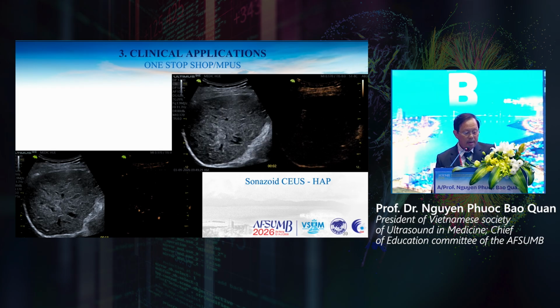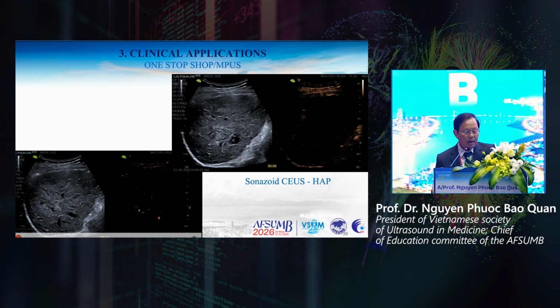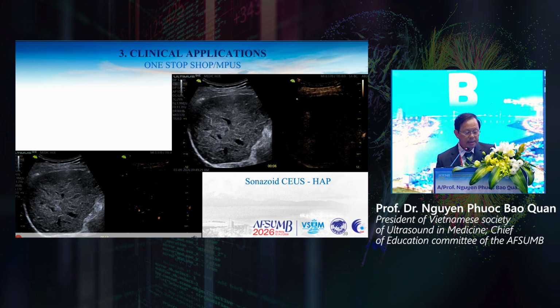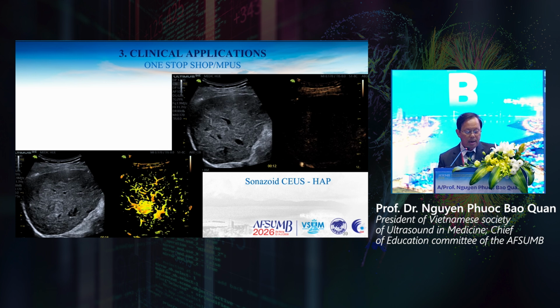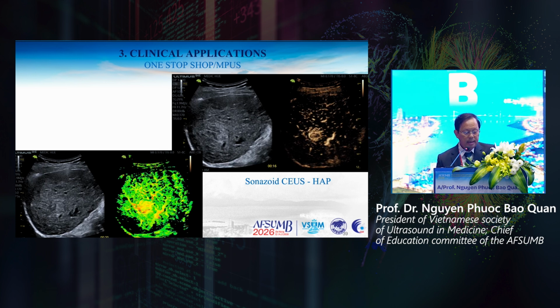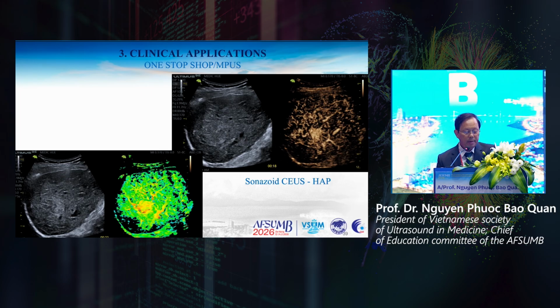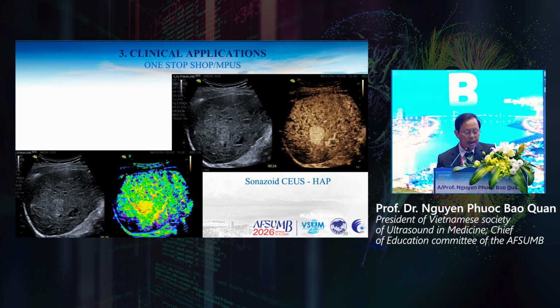So I continued the examination of the patient with CEUS. This video shows the CEUS of the focal lesion of the patient. We can see very strong contrast enhancement in the arterial phase, which continues to enhance.